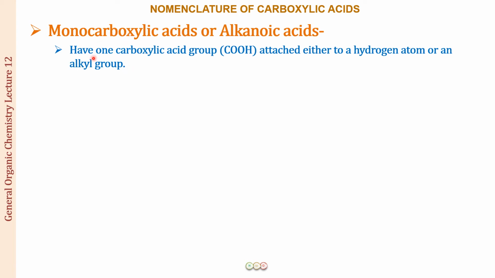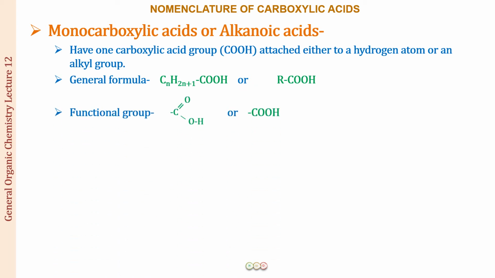Because just one carboxylic acid group is present, we also call this a monocarboxylic acid. Had there been more than one COOH group present, we would have called it a di, tri, etc. carboxylic acid, right? The general formula for these monocarboxylic acids is CnH2n+1COOH, or in short RCOOH.